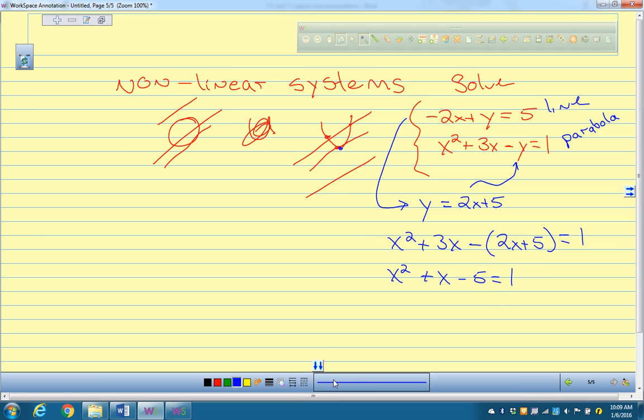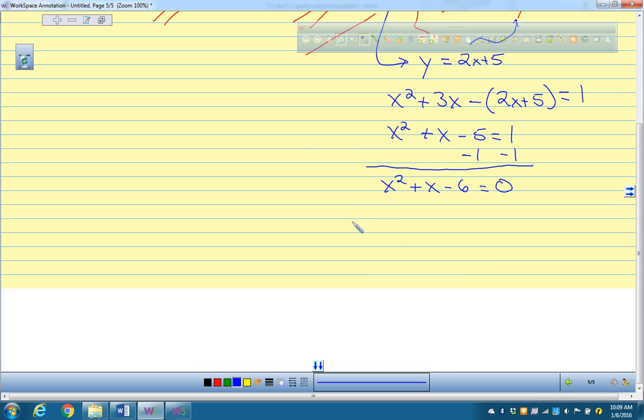Keep going. How do I solve this? Yeah, you got it. Before you can factor, you can always try to factor before they get equal 0. Factoring only works if it's equal to 0 on the right-hand side. So you get x squared plus x minus 6 equals 0. And then you factor them, okay?